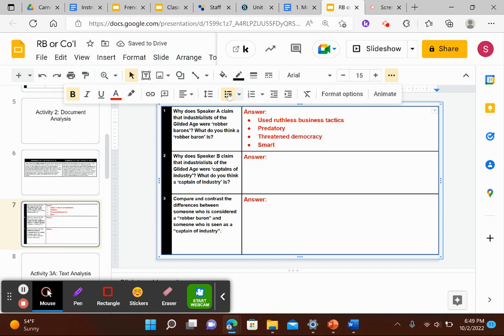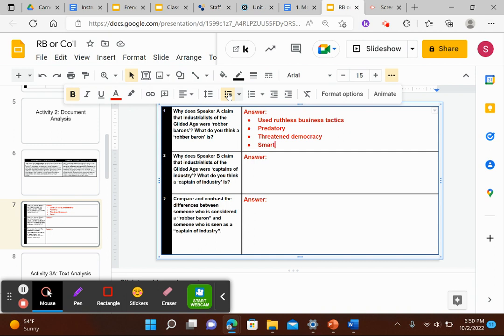What do you think a robber baron is? So it's someone who uses ruthless business tactics. So we're kind of answering this in one set here. They were predatory, meaning that they preyed on industries that were not as strong or as wealthy, so they could take them over.